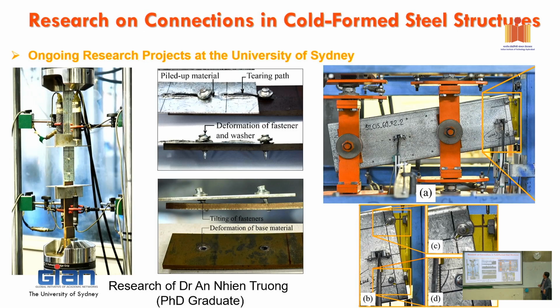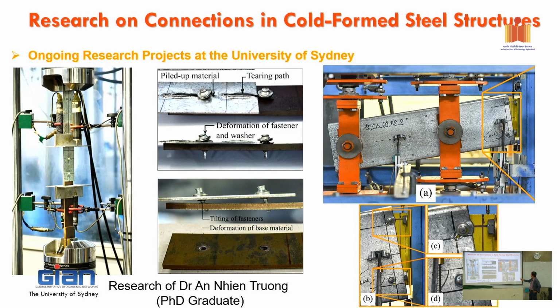So for the connection, you can see we're testing. This is the beam. This is the connection. We're using 2 PAPs to connect the cold formed steel. The yellow one is the hollow angle, hollow plate. This hollow plate is 10 millimeter thickness.